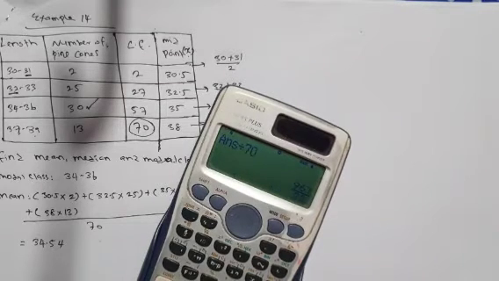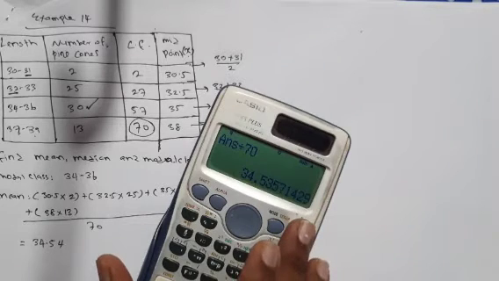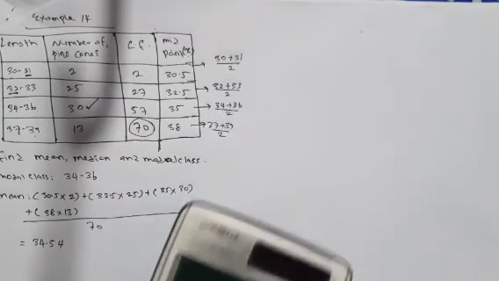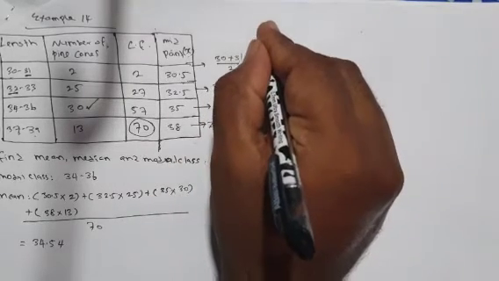You can see we are getting 34.54. So this is how we calculate the mean for a grouped frequency table. Now the complicated part when it comes to grouped frequency tables is the median.